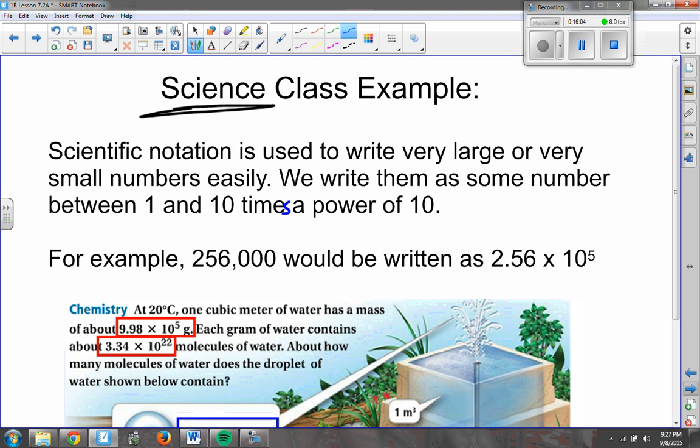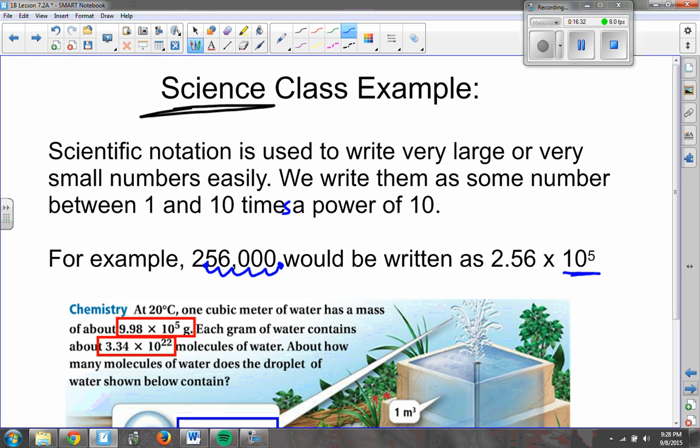So, for example, 256,000, instead of writing out that whole number, we would write that as 2.56, so that we're somewhere between 1 and 10, times 10 to the 5th power. Okay? And that's just because we had to move the decimal place over 5 places to get over to here. But you don't have to worry about that now. You just need to know that's what scientific notation is being used for.